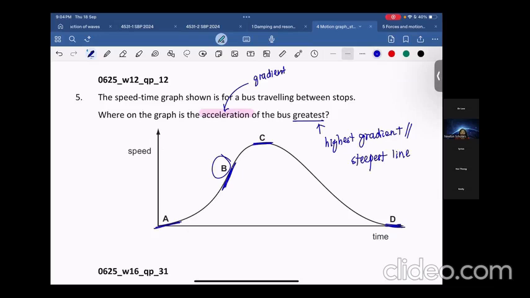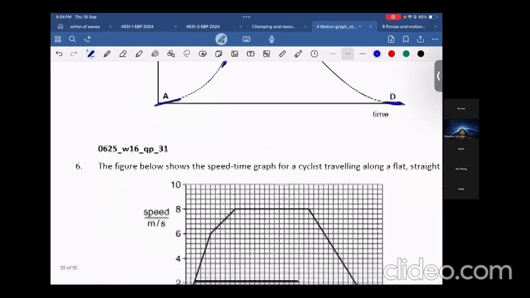So A, B, C, D. If we draw the gradient line, we will find that B is steeper. So at this moment, B is the greatest acceleration. Is it okay? Give me a response so that we can proceed.